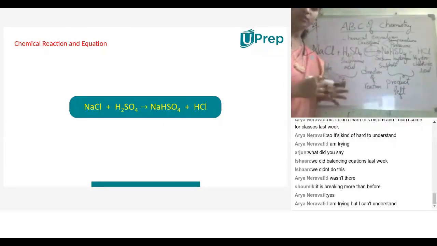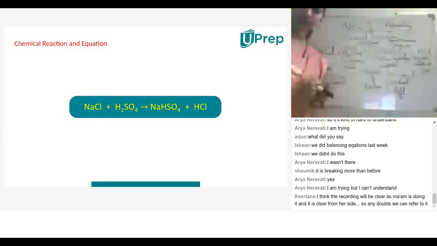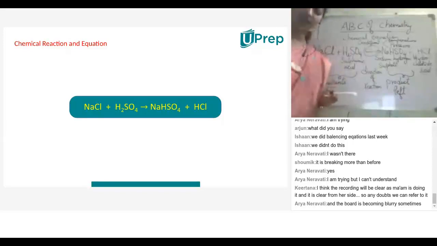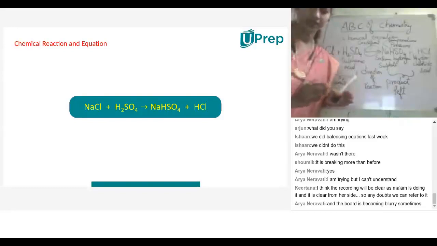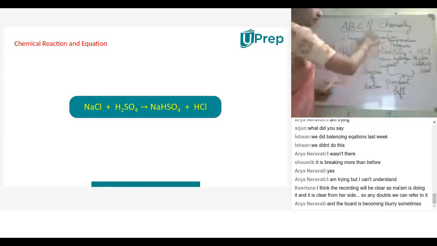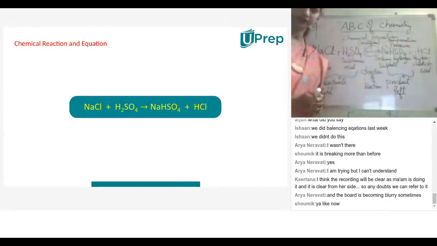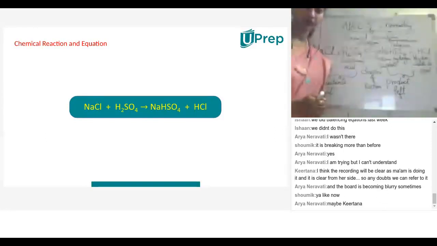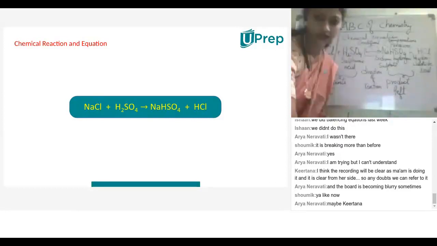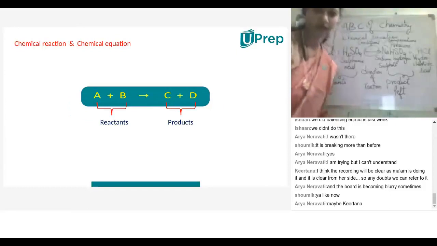In this way, we give the complete chemical equation. We can't show the weightage required; we just show the simple chemical reaction by representing the chemical equation. Understood? Very good.